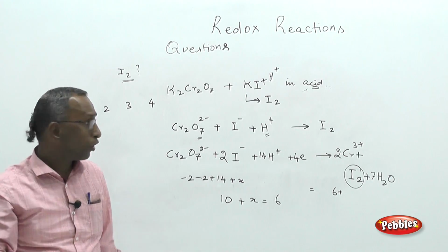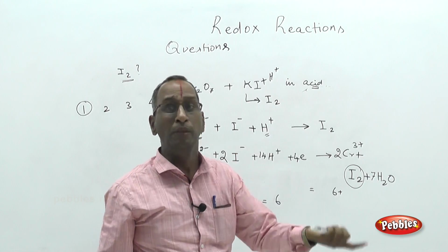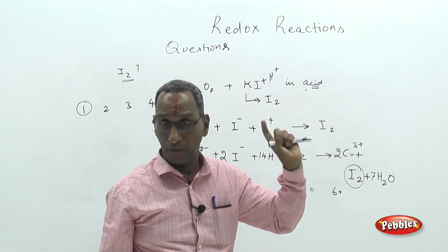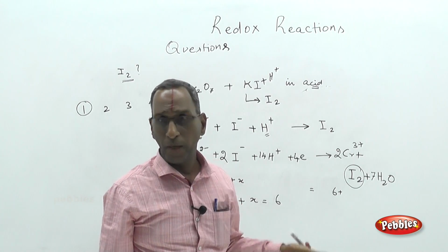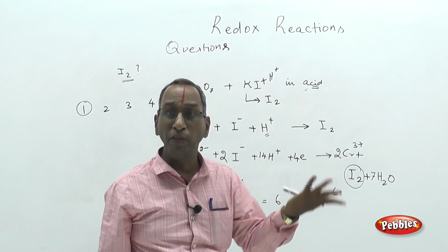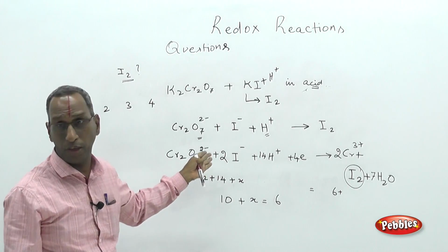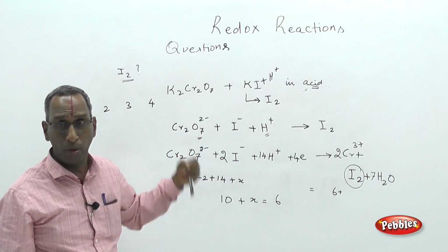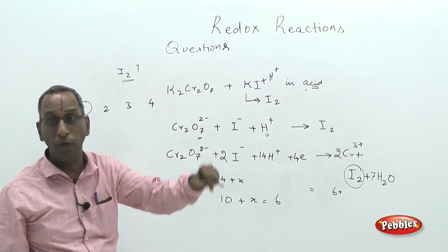The same reaction can also be carried out in alkaline medium under certain conditions. It is not necessarily with dichromate; it can be with permanganate, because it is a standard redox titration. We have studied redox titration. For iodometric titration, they will add potassium dichromate and sulfuric acid.